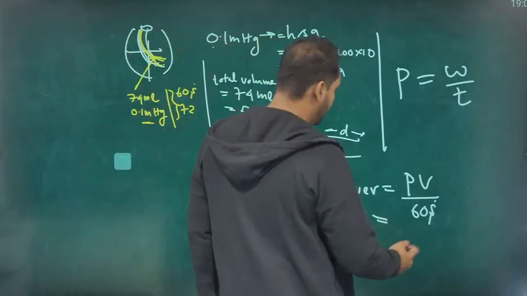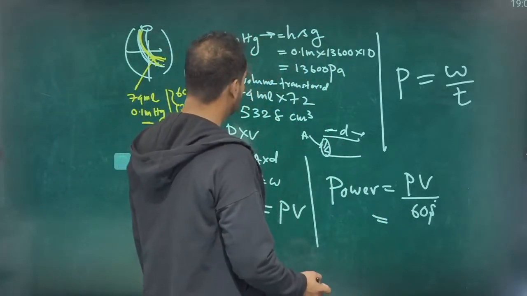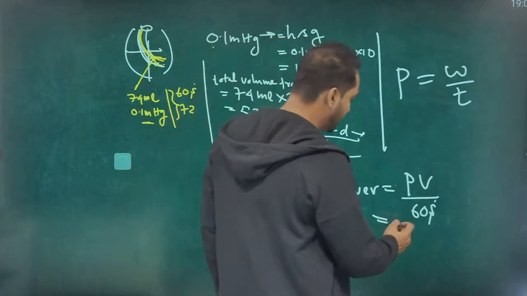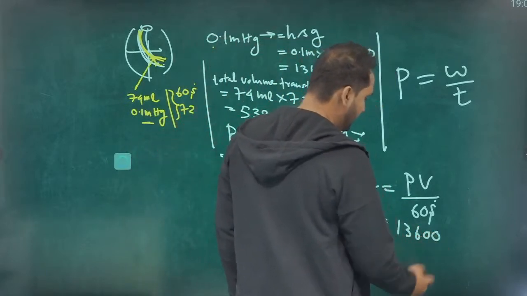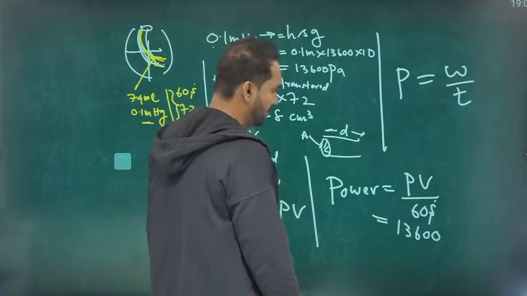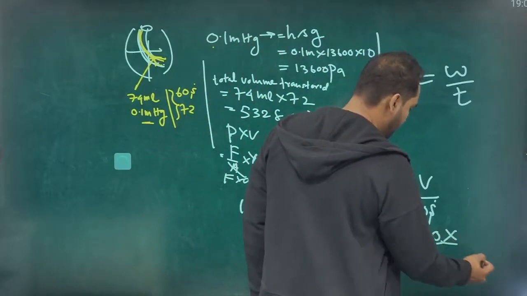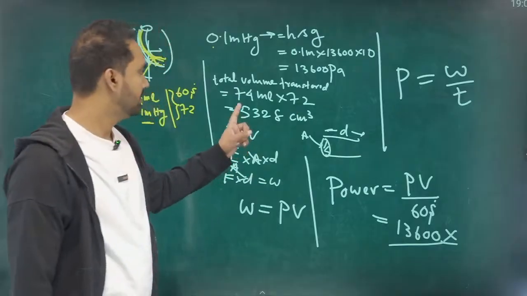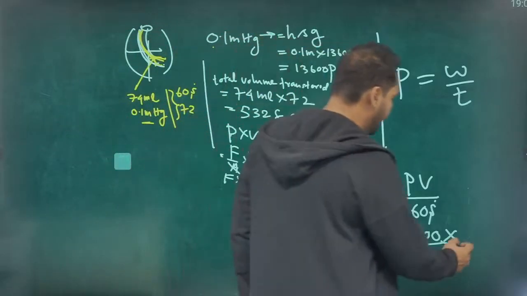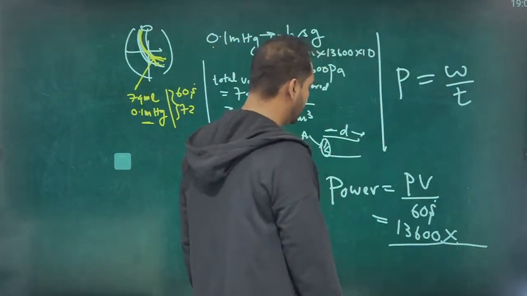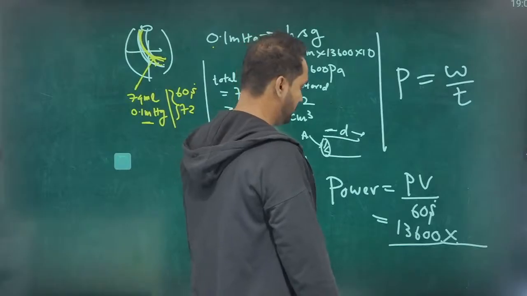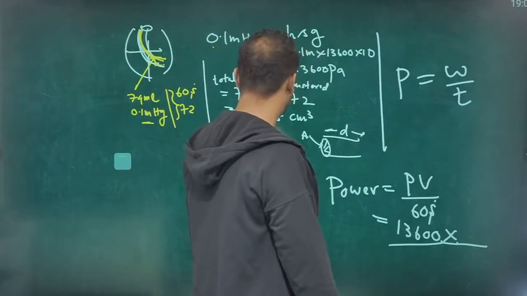So how much is pressure now? 13,600 Pascal pressure, right? This should be multiplied by the volume. How much is that? 5,328 cubic centimeters. You have to convert this into cubic meters.